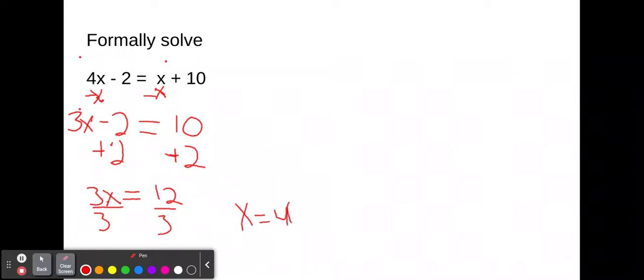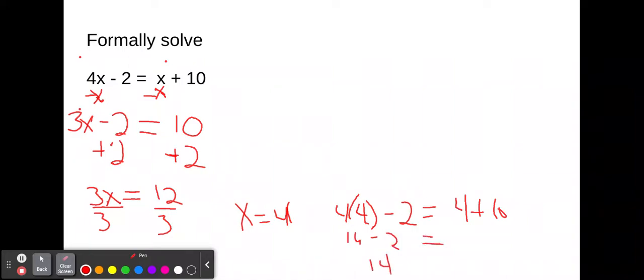So our check would be 4 times 4 minus 2 equals 4 plus the 10. So this is 16. 16 minus 2 is 14. 4 plus 10 is also 14. So that checks.